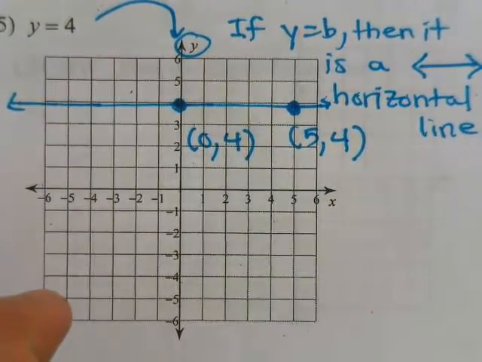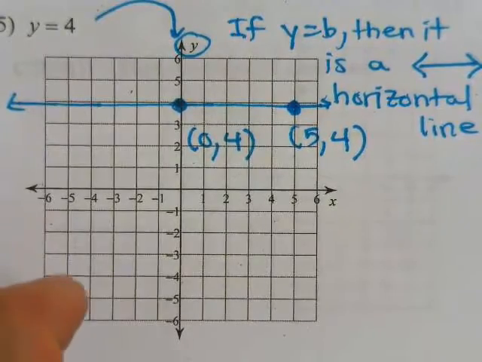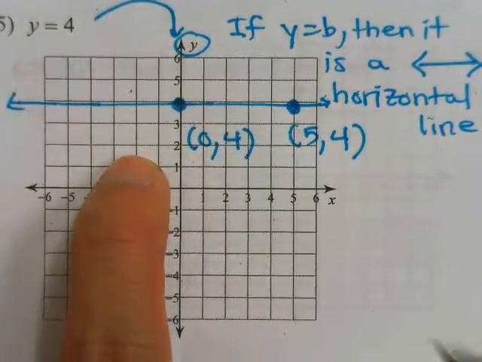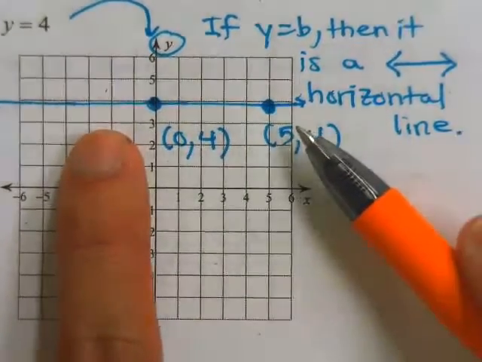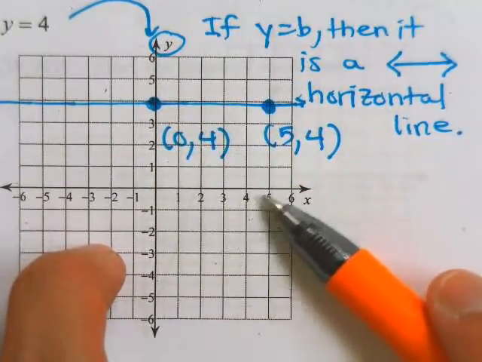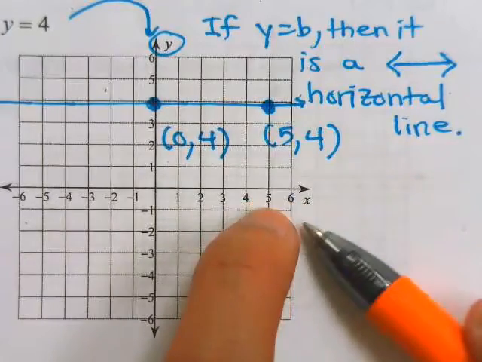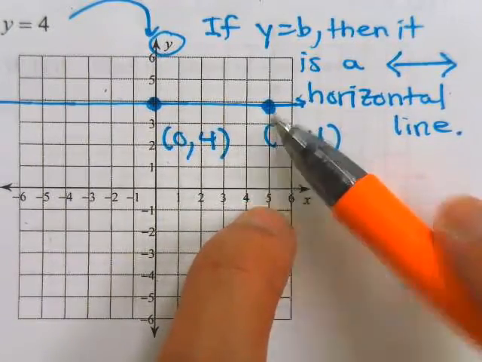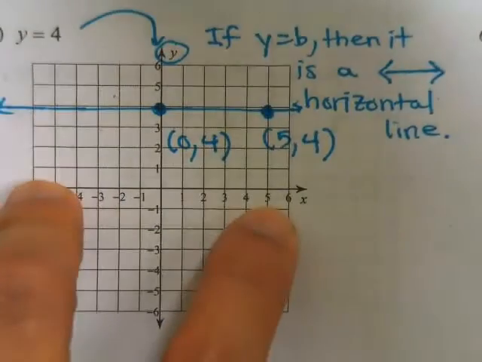Like 0, 4, 5, 4, like that? I plotted 2 points that are on this horizontal line, and let's go take a look. This point that we plotted was 0, 4, and then I made another point that was on the line. This is 5 to the right, and then 4 up. 5, 4.